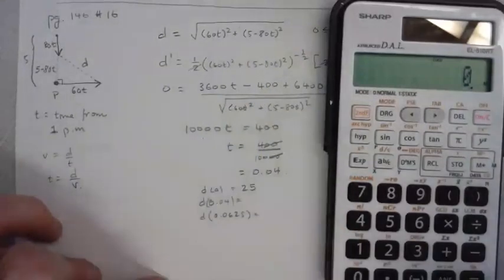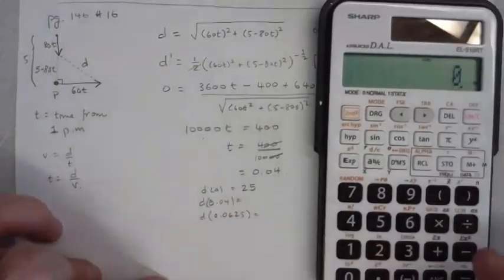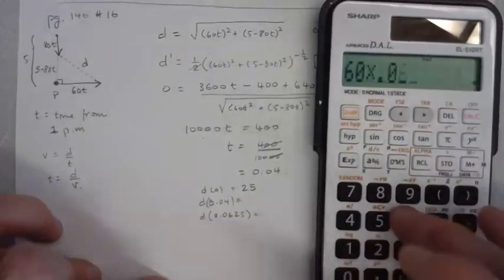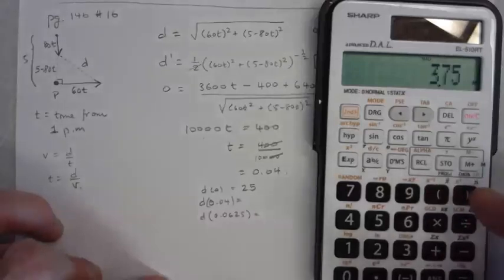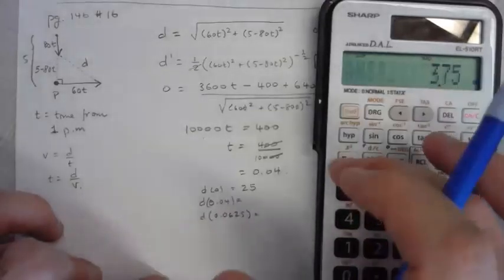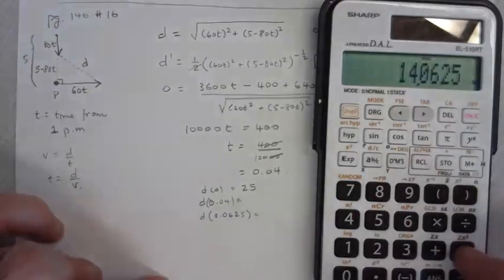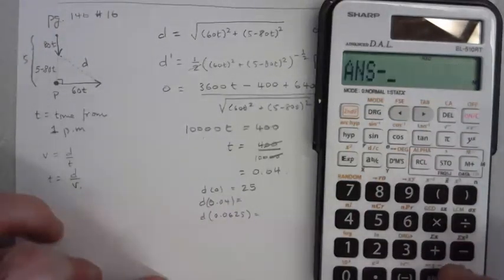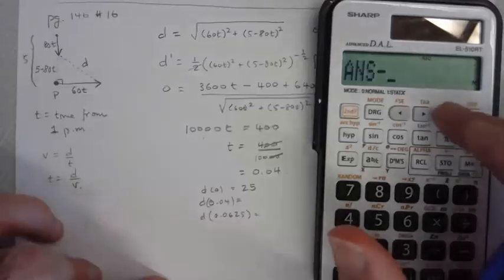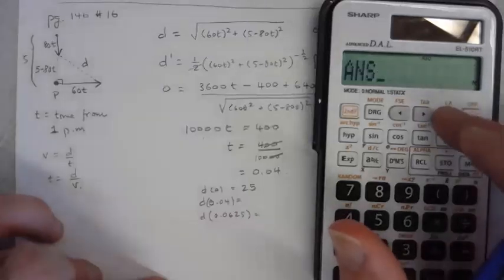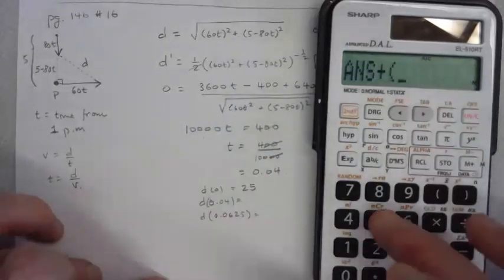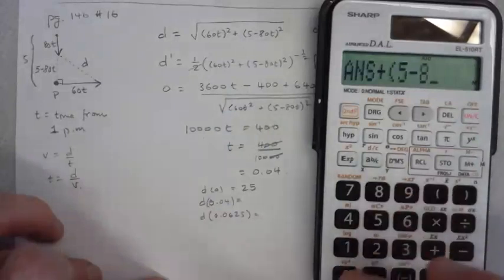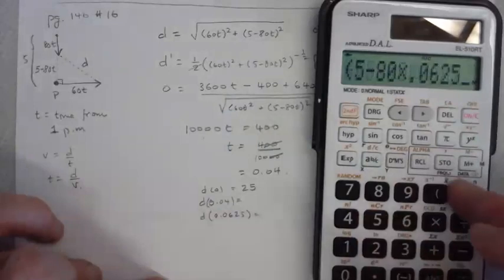Now, notice here at 0.0625, I think this thing's going to go to 0, but let's just do it here. We have 60 times 0.0625, and we're going to square that. Then we have to add this thing here: 5 minus 80 times 0.0625, squared. I'm trying to make sure I don't make any silly mistakes.